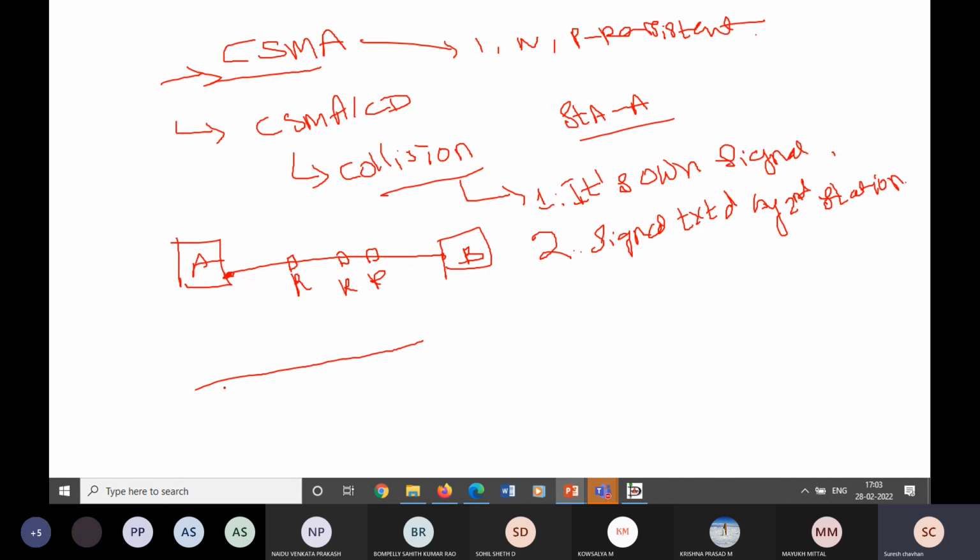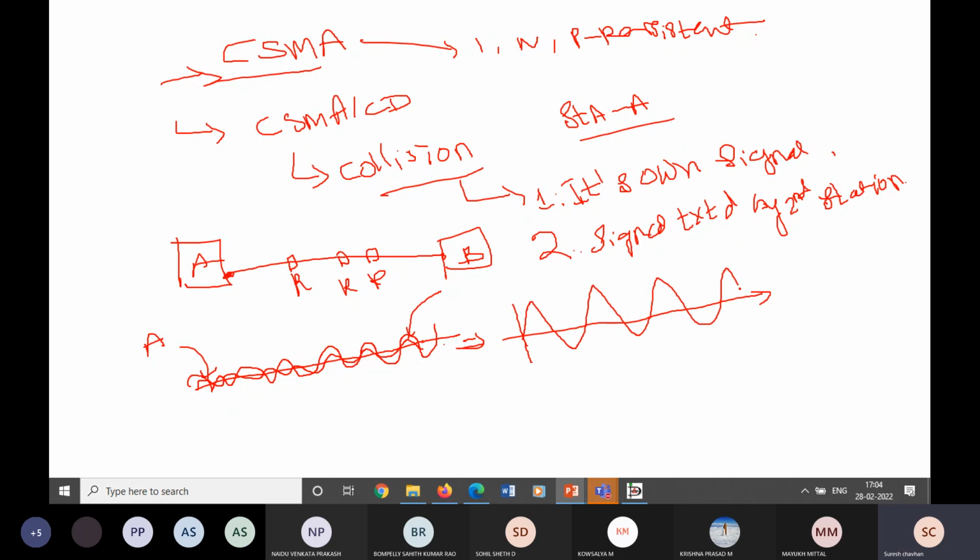Because suppose this is the original signal sent by A, and similarly station B will also be sending, and this is the resultant signal of B. Whenever we combine both and calculate the energy of the signal, it will be doubled.